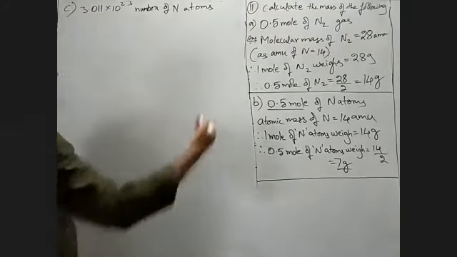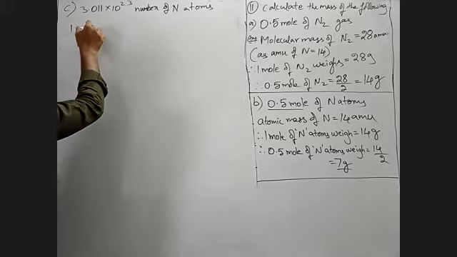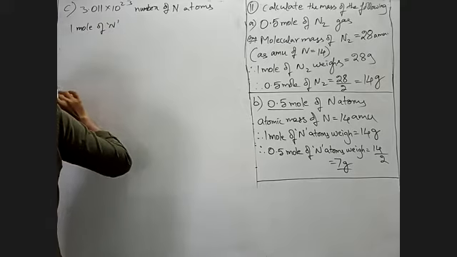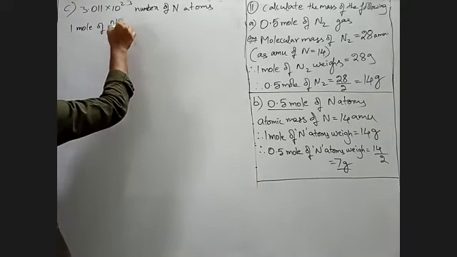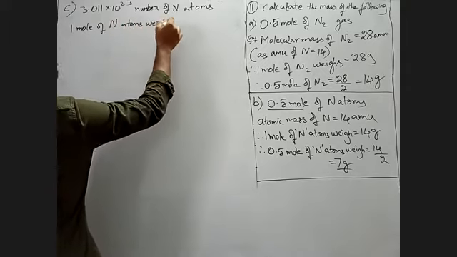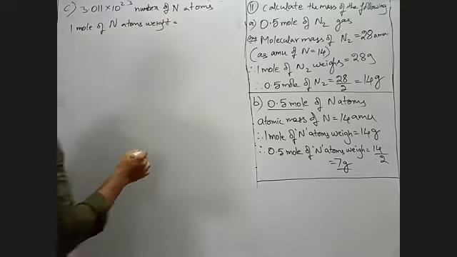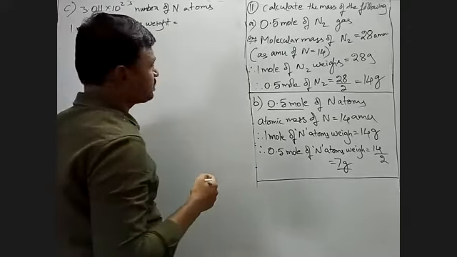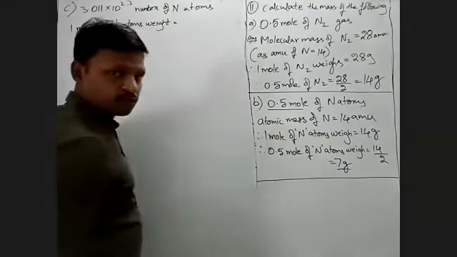So we will start with the same thing. 1 mole of N atoms, the nitrogen atom, weighs how much? 14 gram. 1 mole of nitrogen atom is 14 gram, right?